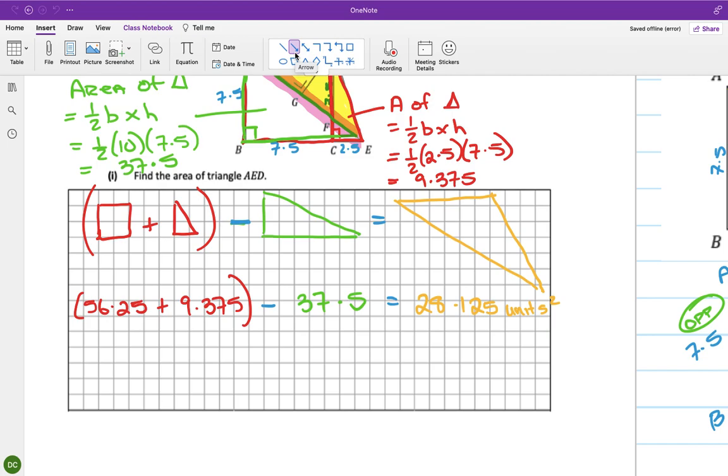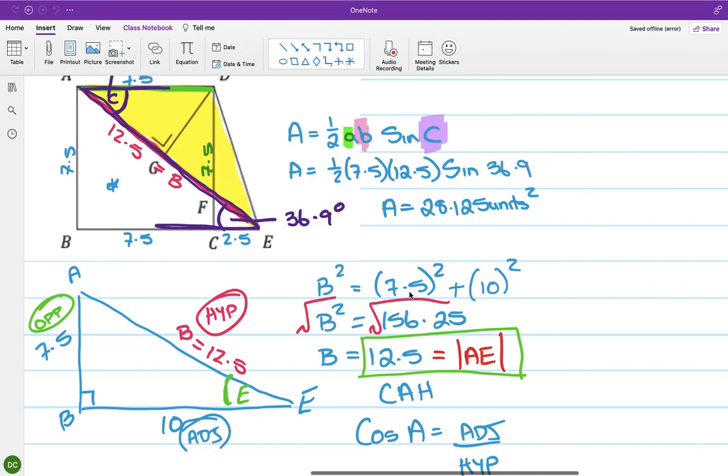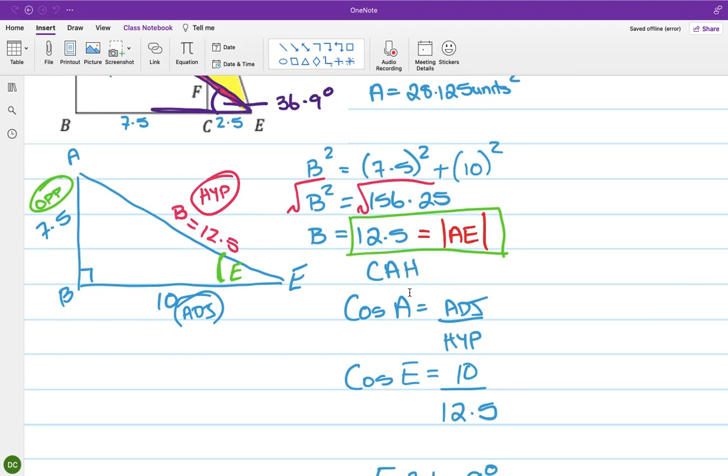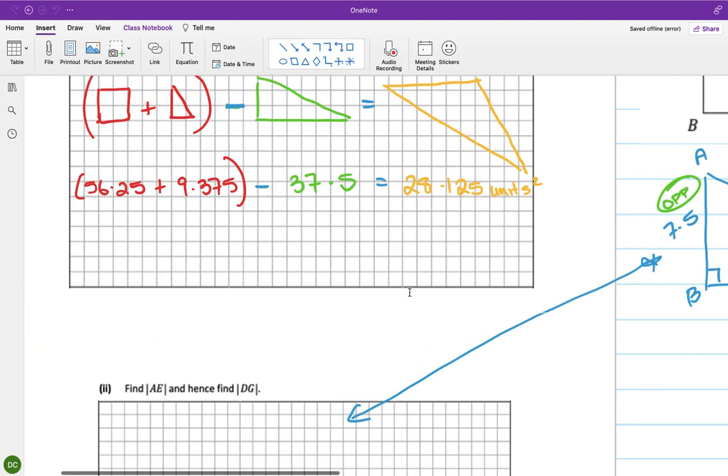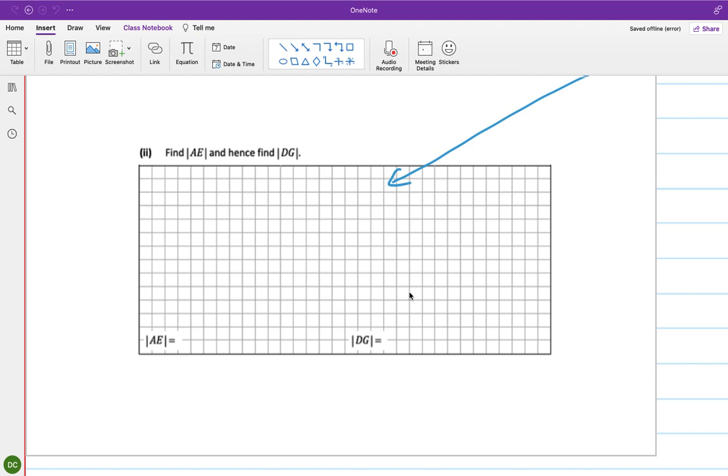How did I do it? Using Pythagoras. So that's AE there, which is 12.5. So I don't need to do it again. I just brought it over and AE is 12.5 units.